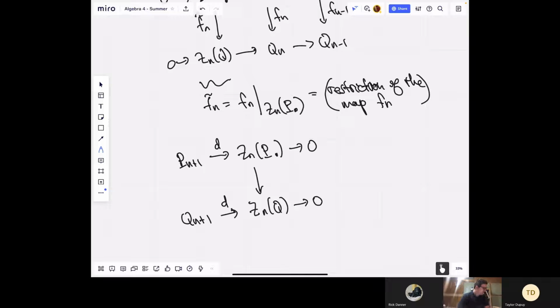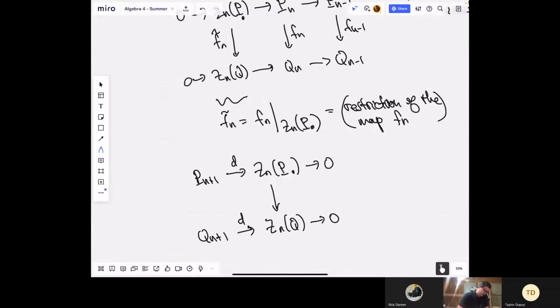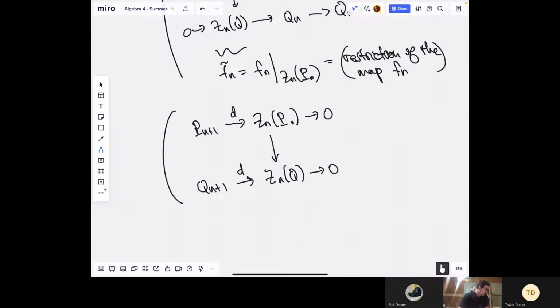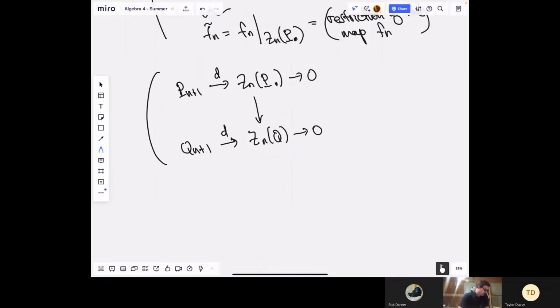Okay, so what we're trying to do is apply the universal property of P being a projective module. So we kind of have two pieces, this piece and this piece here. Let's look at the bottom piece again.